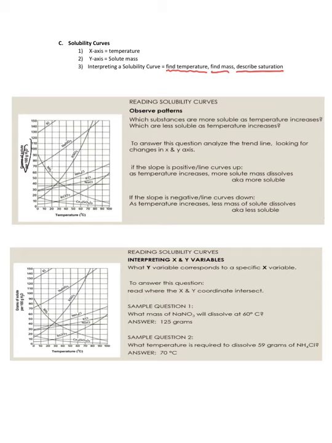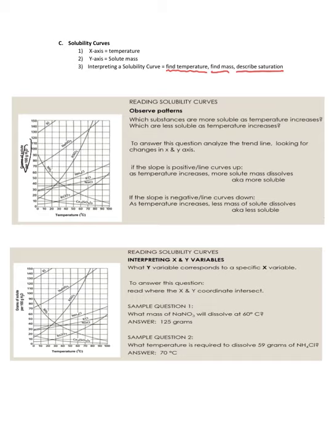If they ask you to find the mass, that means you know the x-axis and you want to find the y-axis. If they ask you to describe the saturation, that is asking you to look at where the value that they give you falls in relationship to the curve. So we'll practice that here in a minute.